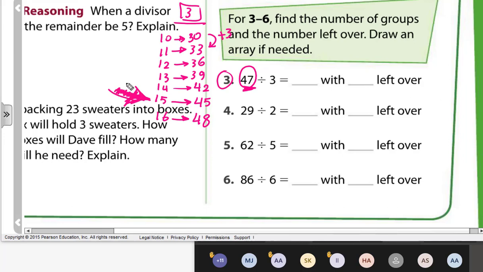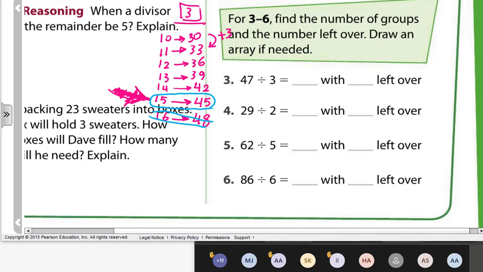Adam, which one should we use? 45. Yes. This one is wrong because it's more than 47. So we will use the 45.